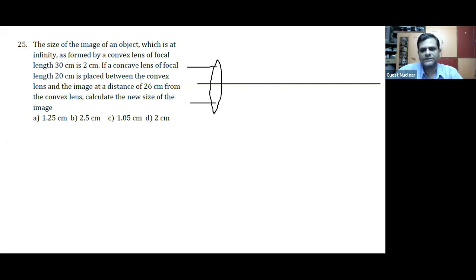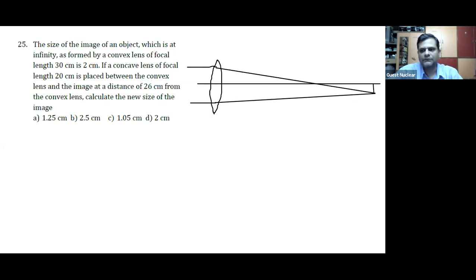Yes, suppose this is the lens and suppose we have this object formed here. Okay, तो यहाँ पे ऑब्जेक्ट फॉर्म होता है. Okay, and this is the focus of this lens.